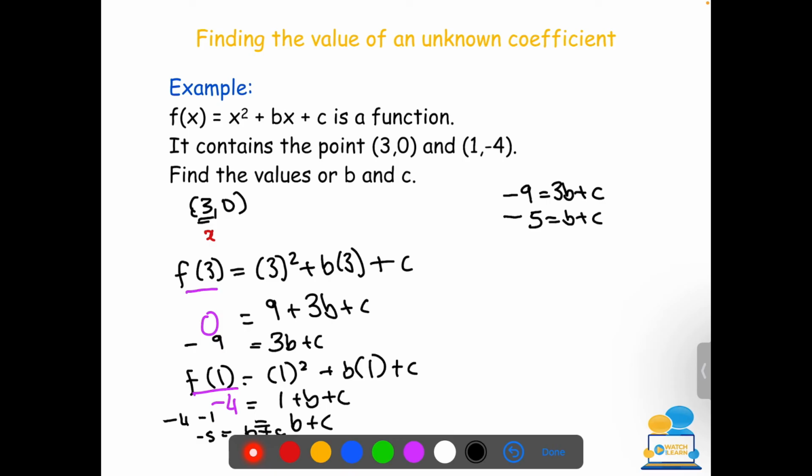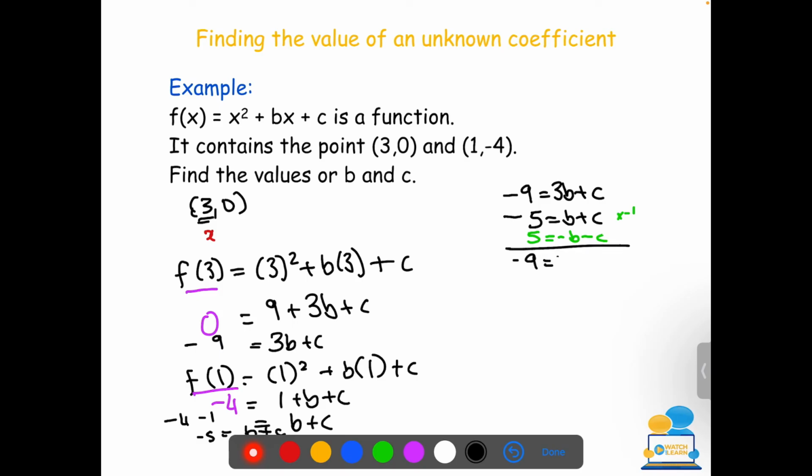I need to solve this with simultaneous equations. So I need to get rid of one of my unknowns. So I'm going to multiply my whole second line by minus 1. And that is going to give me 5 equals minus b minus c. Right. Now I'm going to write out my two equations again.